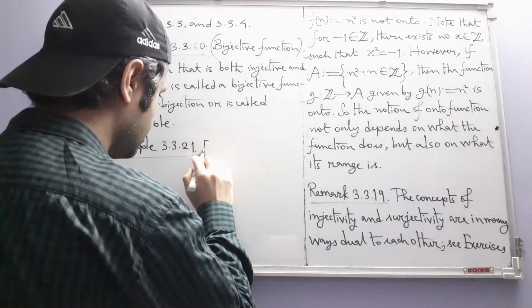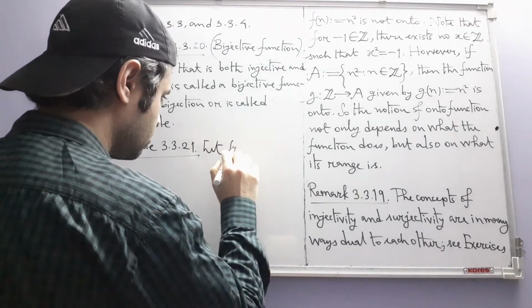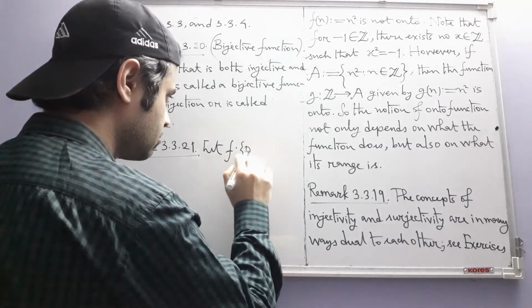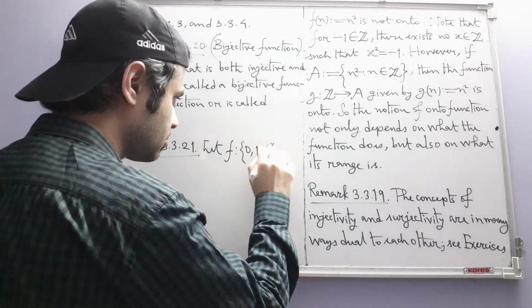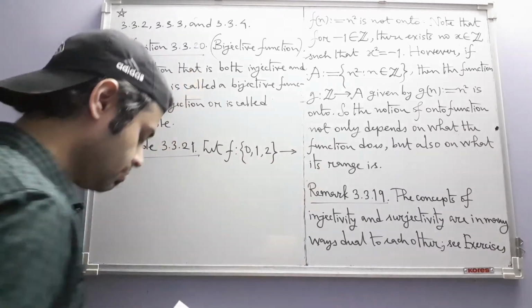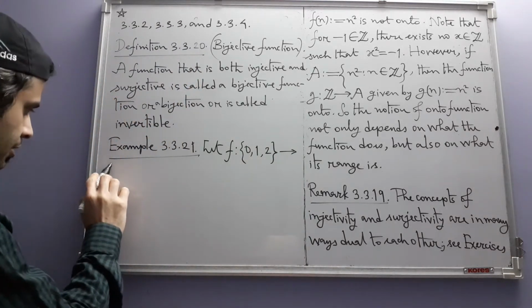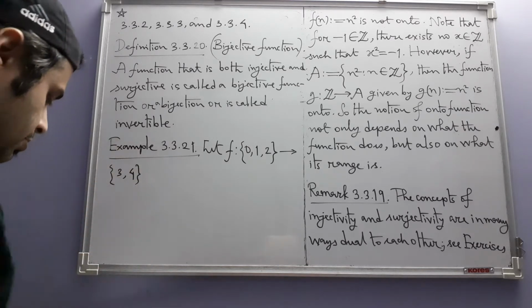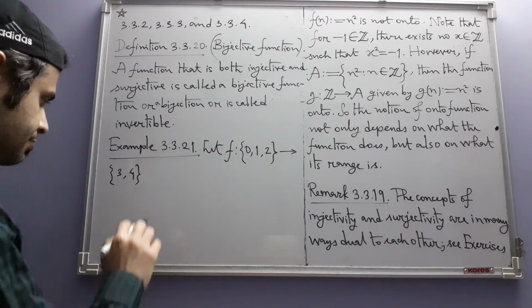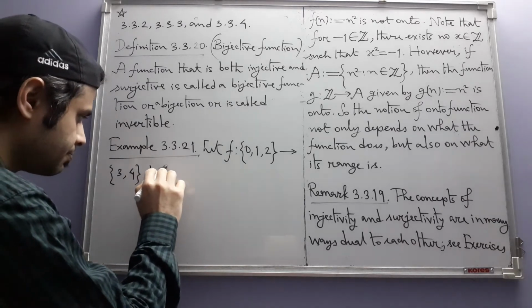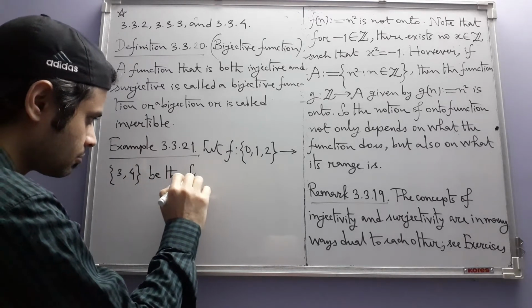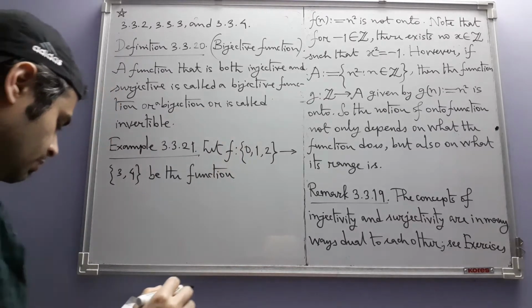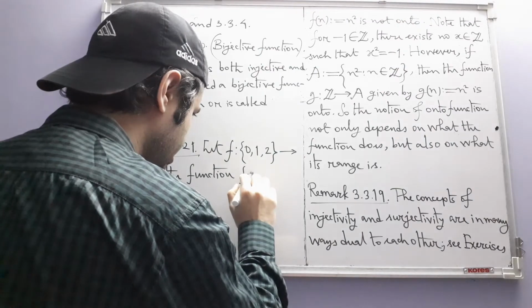So let f be a function from the set 0, 1, 2 into the set consisting of 3 and 4, and it's defined like this.